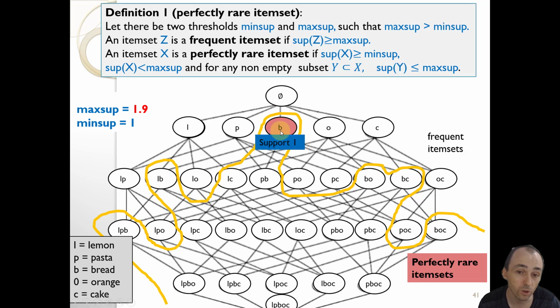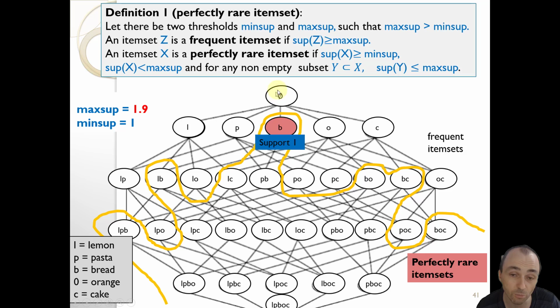But also, it is at least 1. And there is another condition: all the subsets of bread must have a support that is less than the maximum. For bread, the only subset is the empty set, and the empty set is a special case in this algorithm.